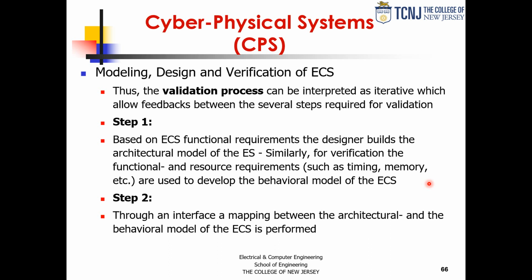An architectural model, as I mentioned, picks the best components and interfaces to meet the functionality according to the constraints, such as cost, power, and so on. And you can develop a model for that. Then, through the mapping of interfaces, you can connect your model to other models, and you do some more simulation.